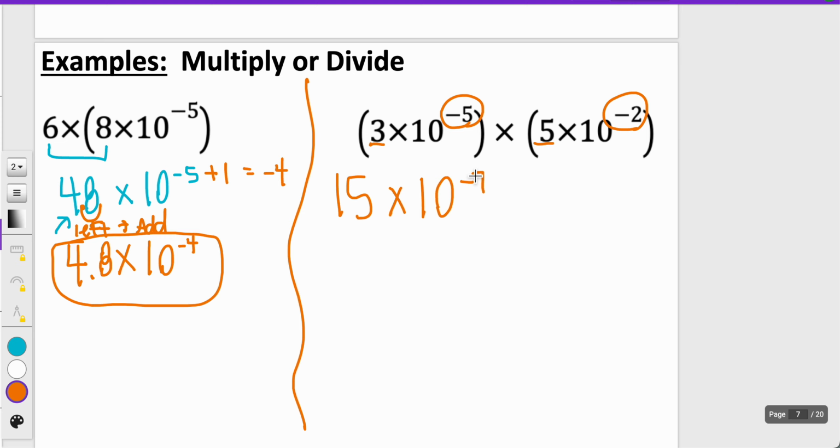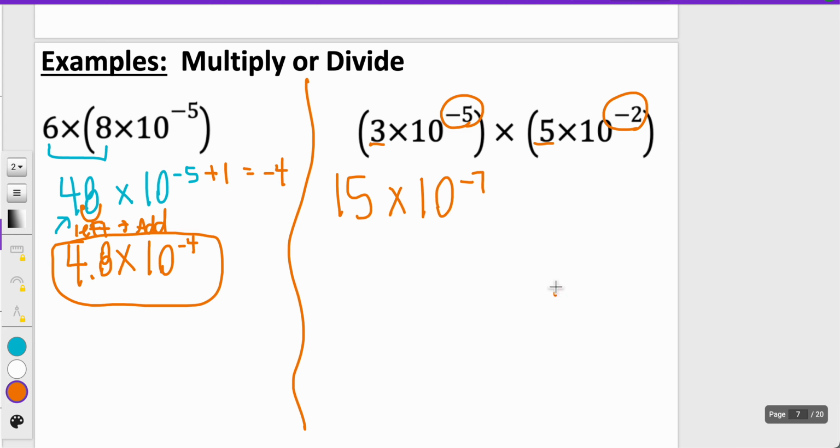Okay? Once we find that, we've got some things to look at. We're going to double check this negative 7 just because I feel like I should have added them together, but now I'm wondering if I should have subtracted.